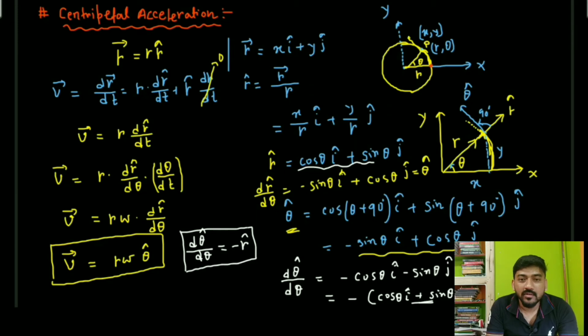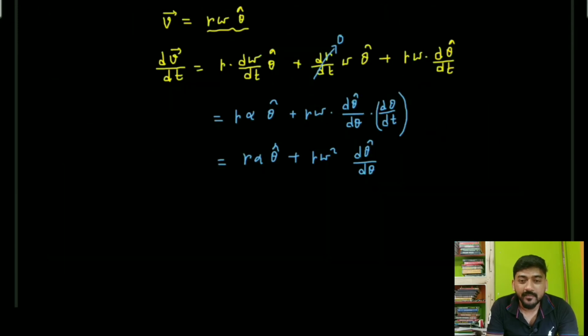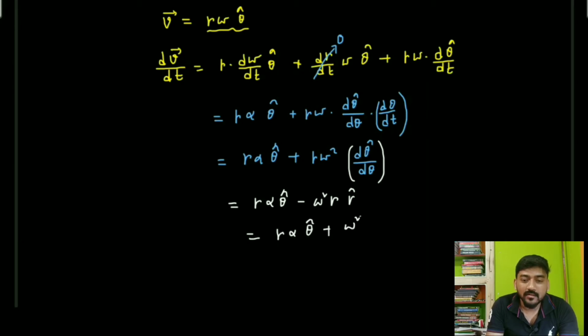Now if you go to the next page, here you have to substitute minus r cap. So finally you will get r alpha theta cap, minus omega square r into r cap, or it is better to write it as r alpha theta cap plus omega square r into minus r cap.